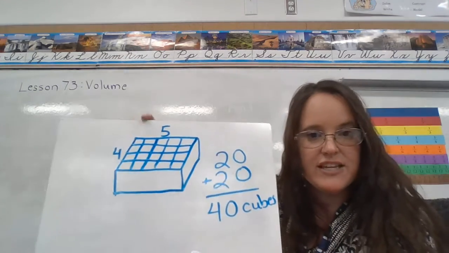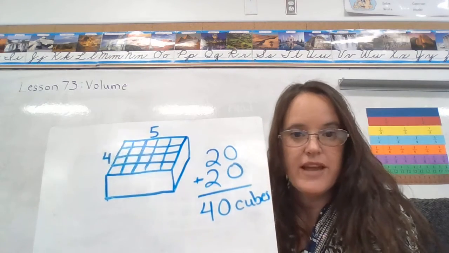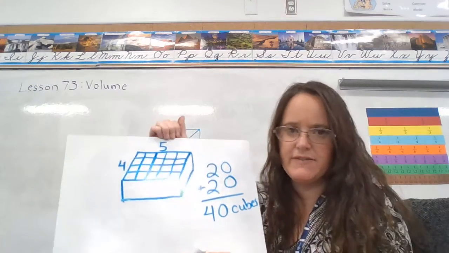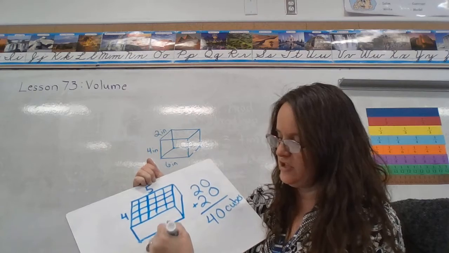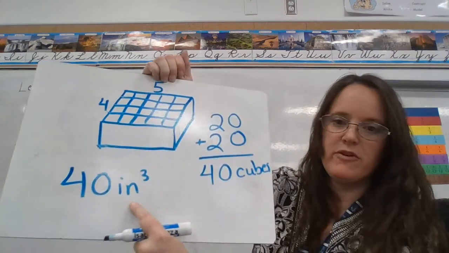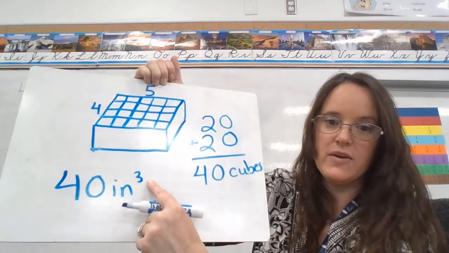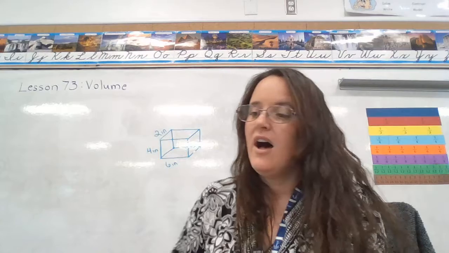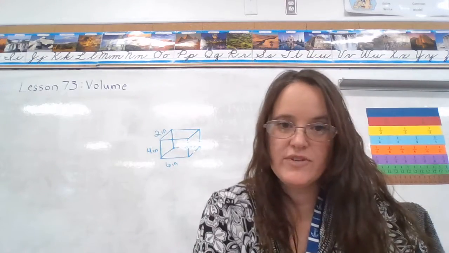And then it tells us that each of these cubes are cubic inches. So how many cubic inches is the gift box? It is 40 cubic inches. And like I said before, we write that with inches and then the little tiny 3 right there. 40 cubic inches.